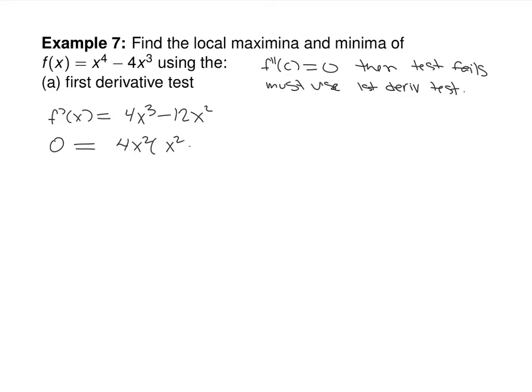Dane agrees? I think you need your hot pocket. X minus 3. Then test the sign of f prime. So what are my zeros? They are 0 and 3.